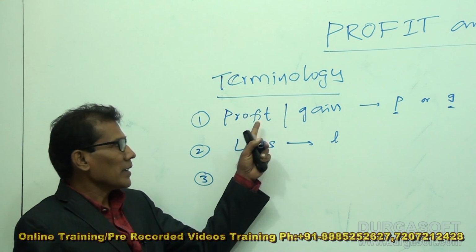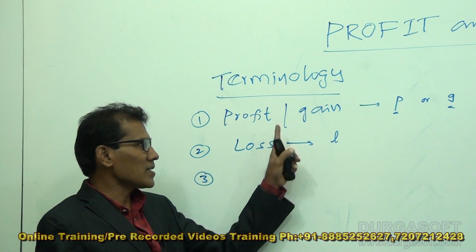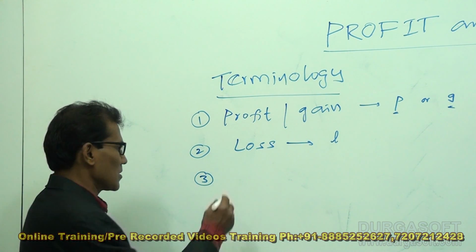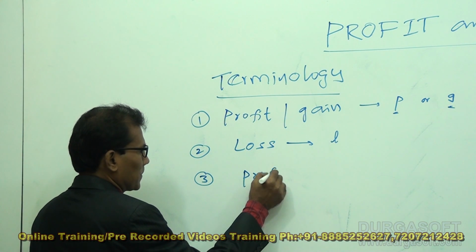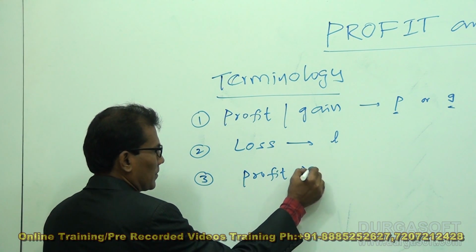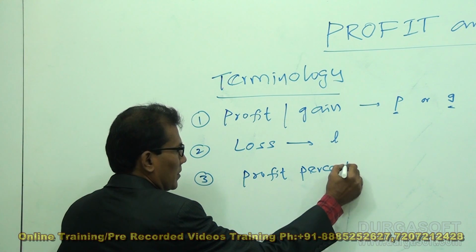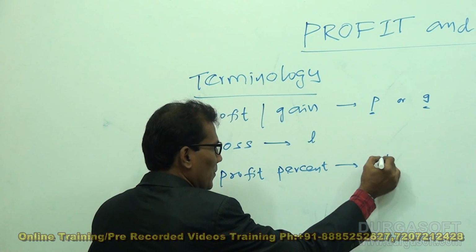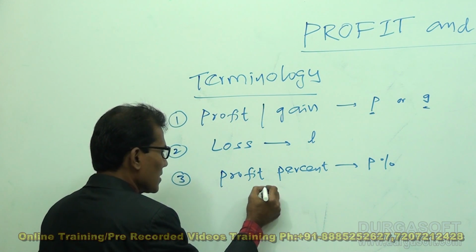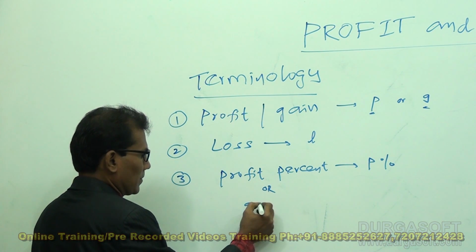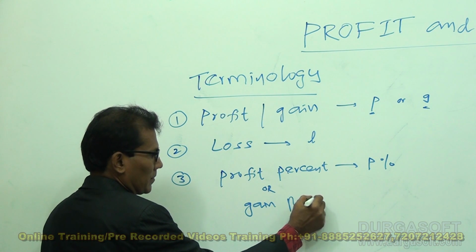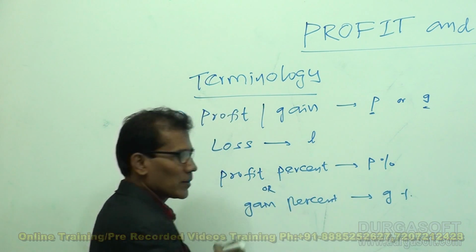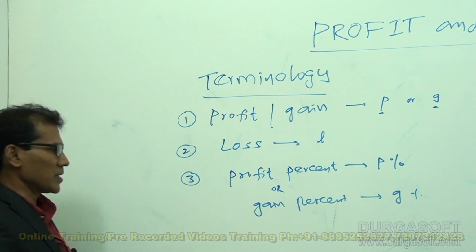Profit and loss are quantity wise. The same thing can be expressed in percentages also, that is profit percent. How to denote profit percent? It is profit percent, or gain percent, G percent.